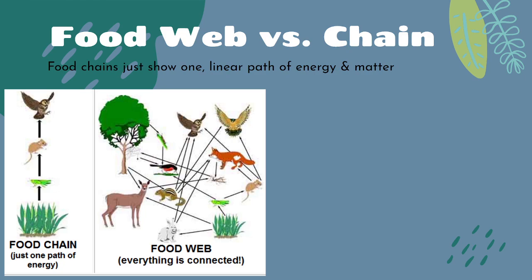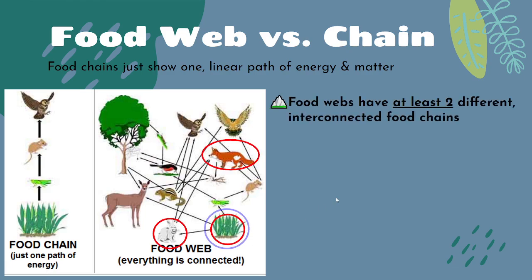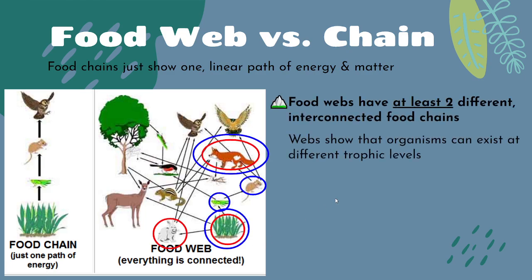Now, the time when that's not going to be the case is when we talk about specialist species that may only have one specific food or food type that they can eat. And we'll talk about specialist species in more detail when we get there. But in general, the food web is the more representative way that we would look at food.